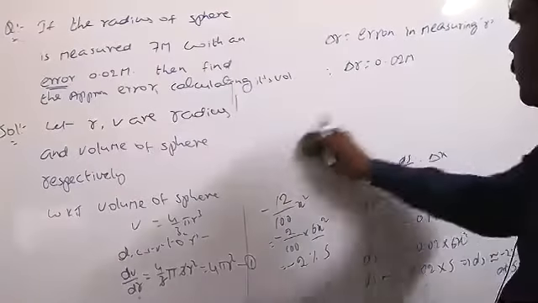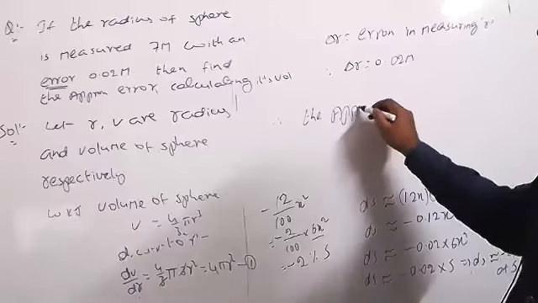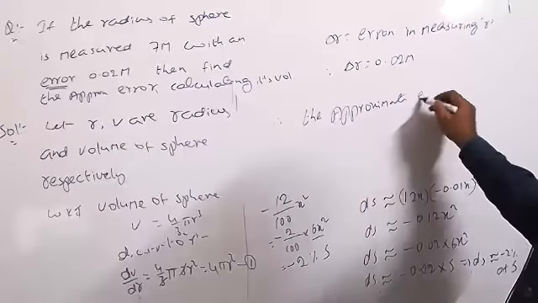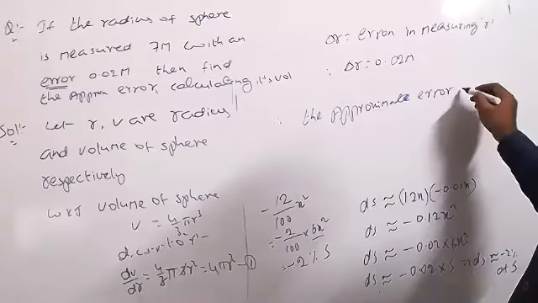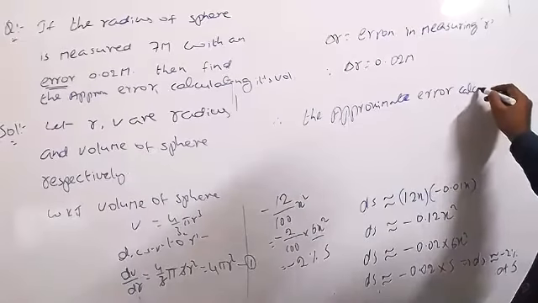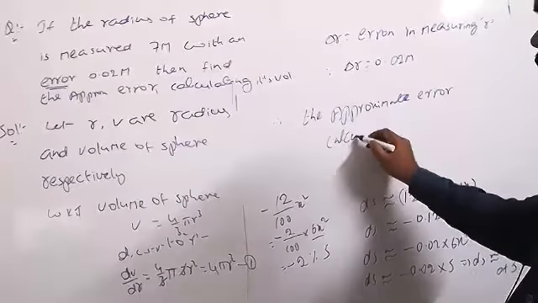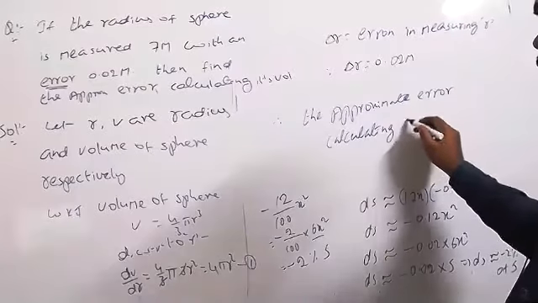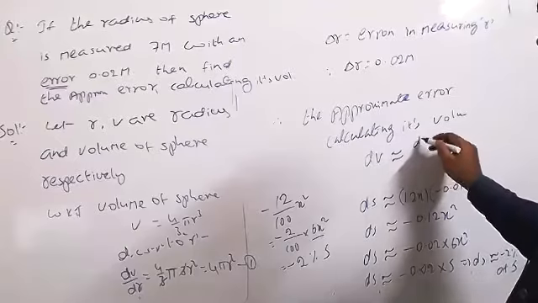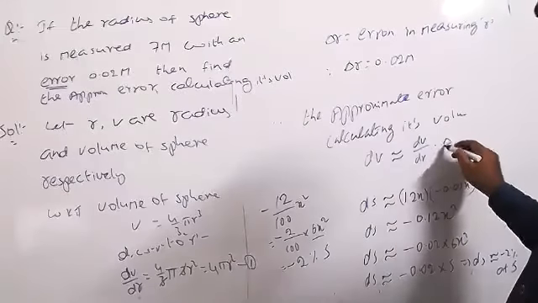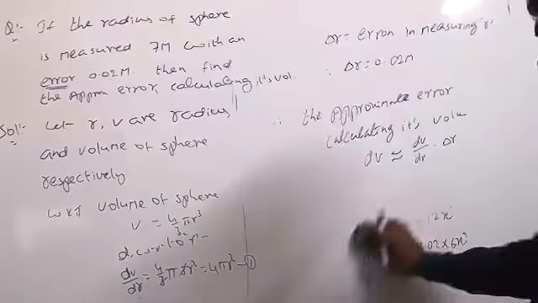So dv is approximately dv by dr into delta r.